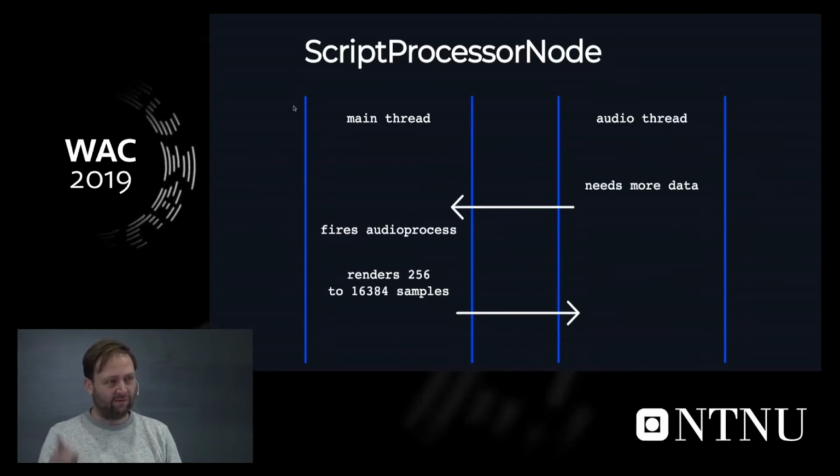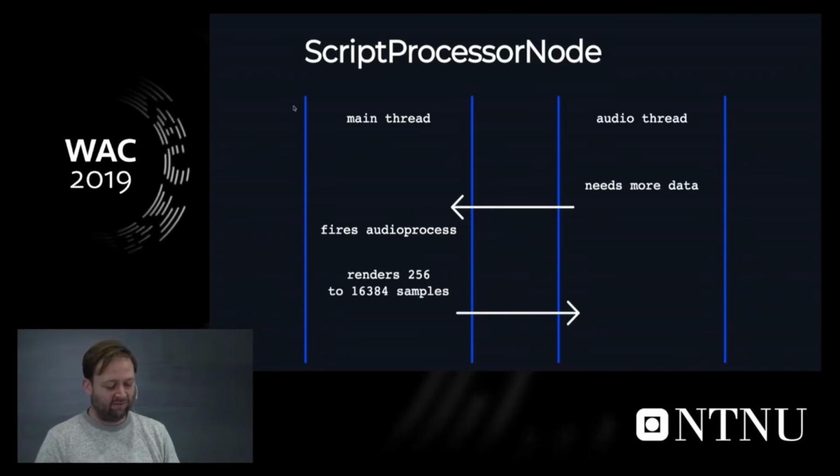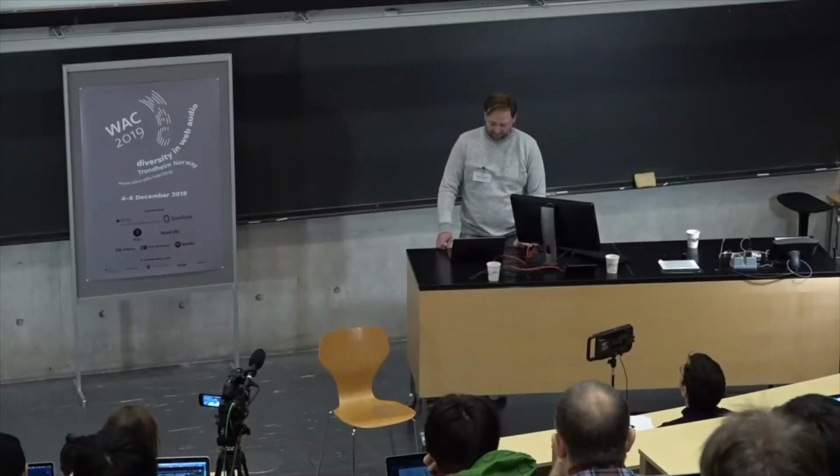And they all run in a queue, and they basically get executed one by one. And if you have a click event which takes 100 milliseconds, then you certainly have a problem because the audio process event can't be handled quickly enough anymore. And then once that is done, the data has to go back to the audio thread again. So that's the reason why it's problematic, because we have these asynchronous calls in the rendering pipeline. And that's also the reason why it's deprecated.